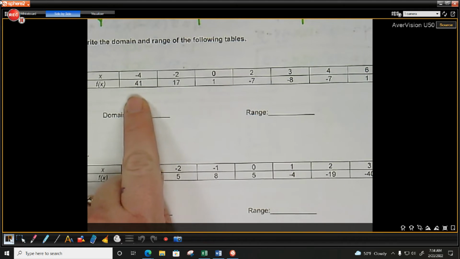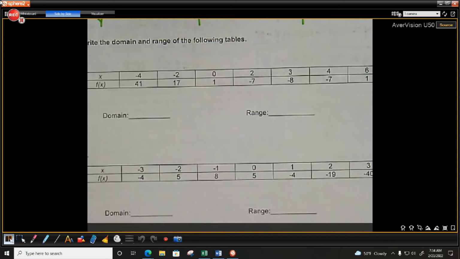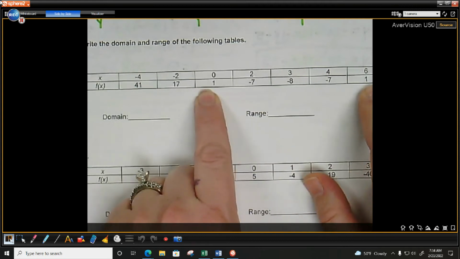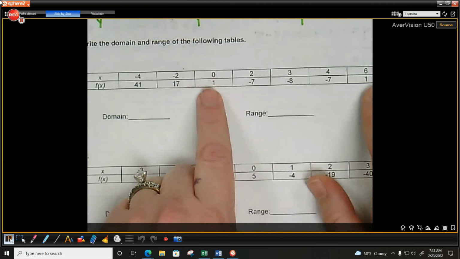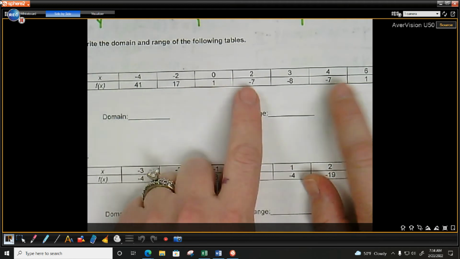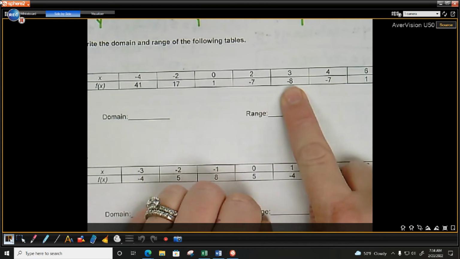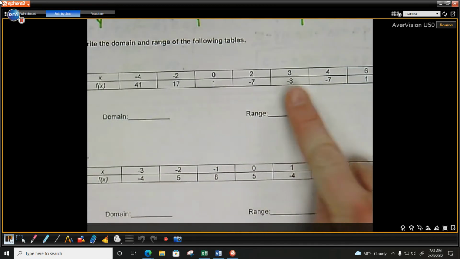No, because that's not being sandwiched by pairs of y values that match. So you need to look for y values that match. 1 and 1, are those the same? This is going to help you on your quiz, guys, so make sure you're paying attention. 1 and 1 match? Yes, go in. -7, -7 match. So what's my vertex? -8. There is your vertex.